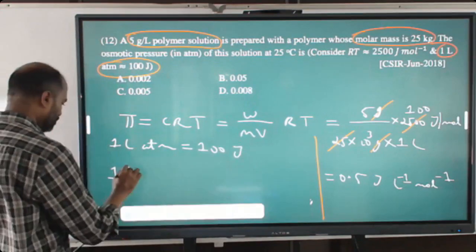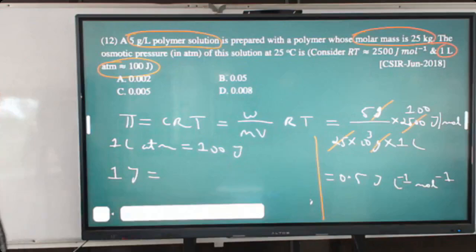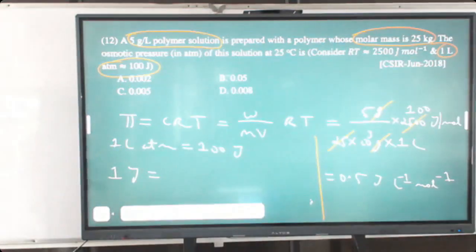So 1 joule is equal to how much liter atmosphere? 1 by 100 liter atmosphere.